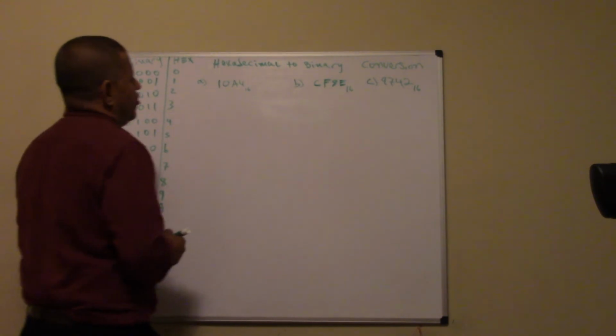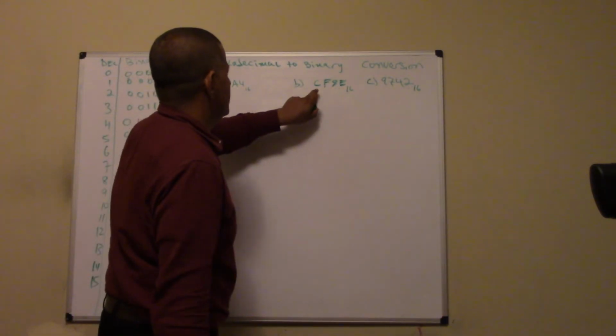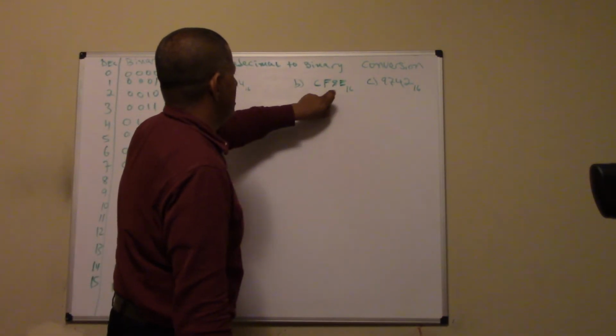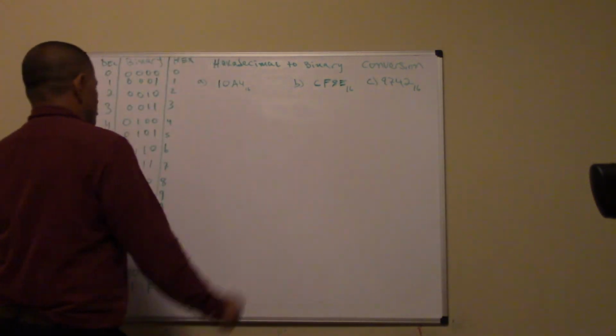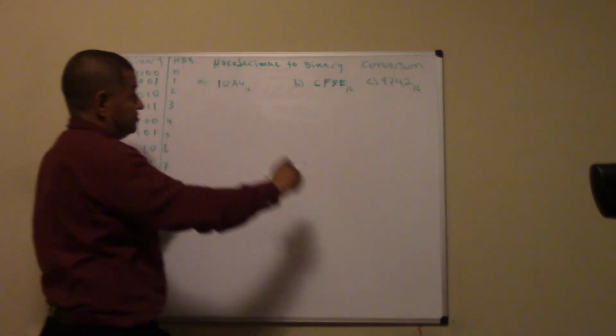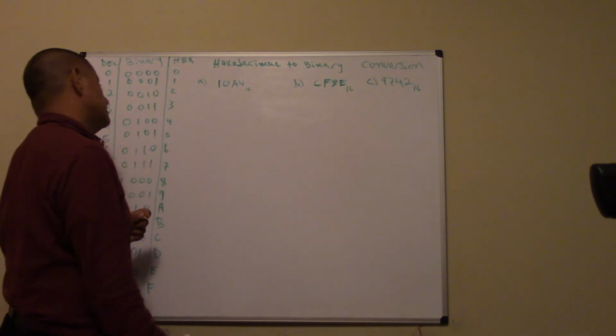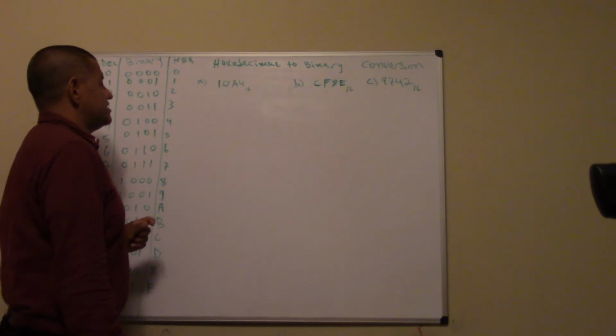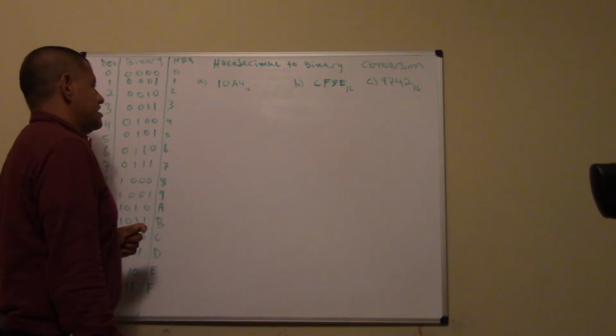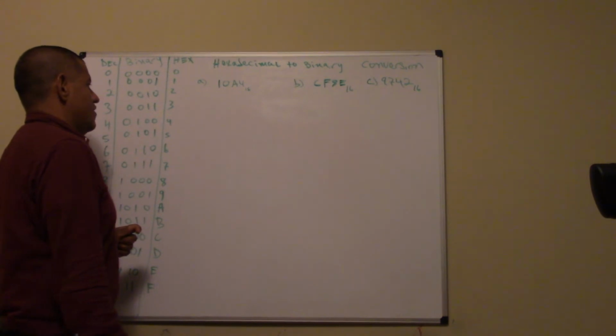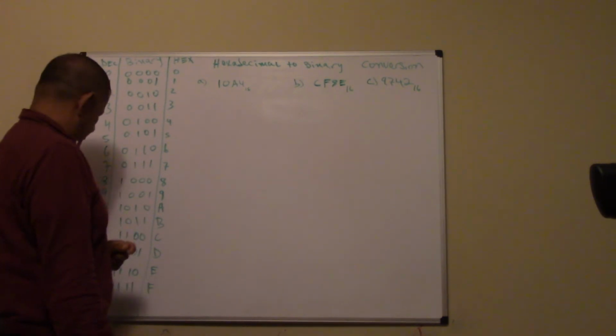Okay, so part B, I have C, F, 8, E, right? So here, what is E? We say that was 14, right? It's 14.